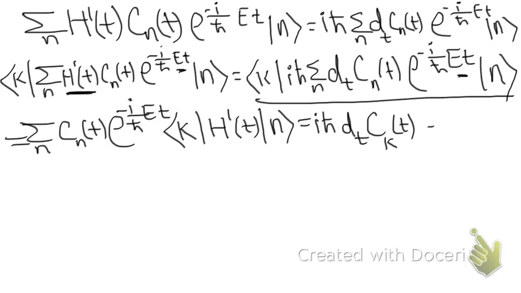And my exponential negative iota over h bar E_k times t, right? It's not E_n anymore. Over here it was E_n.